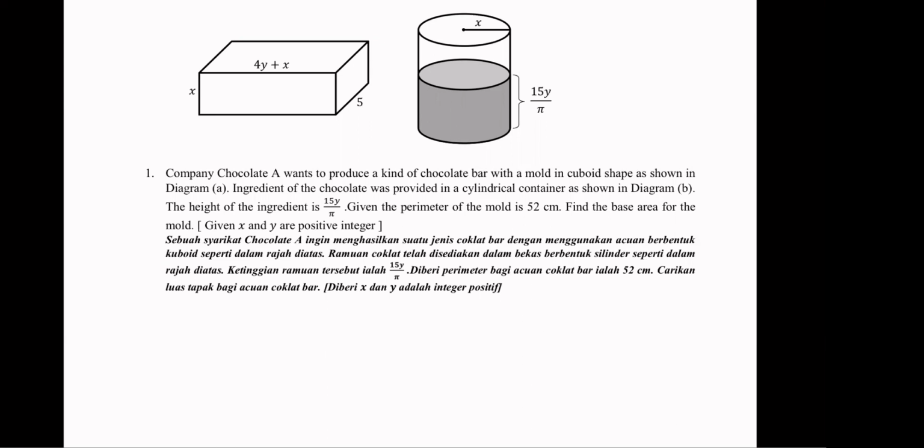Cuboid shape shows in the diagram A. Alamak, saya tak letak diagram A mana. Okay. Then after that, the ingredients of the chocolate was provided in a cylinder container. Okay, cylinder container in shows diagram B. Okay, the height of the ingredients is given here. Okay, given that the perimeter of the mold is 52 centimeter, find the base area of the mold.